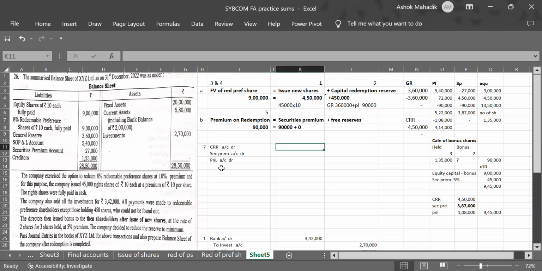Okay, let's write the values. 4,50,000, 3,87,000, and 1,08,000. Okay. And this is given as bonus to equity shareholders. Okay, right? 9,45,000.